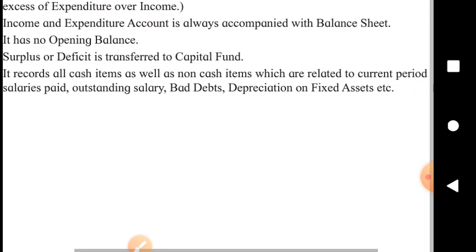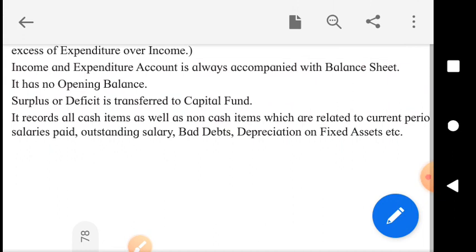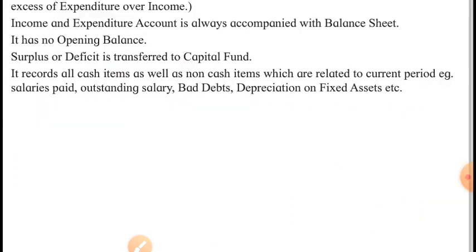Cash items and non-cash items means, see, salaries. When salaries are paid, we can see the cash was going out of the business. Salary paid, cash item. But salary unpaid means salary should have been paid but not paid, means outstanding salary. That is also the expenditure of this year, isn't it?